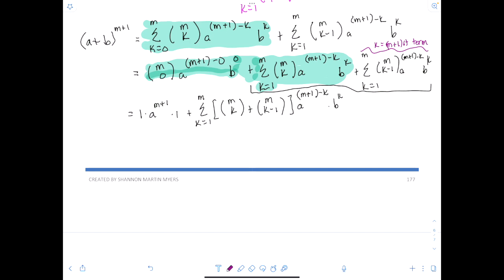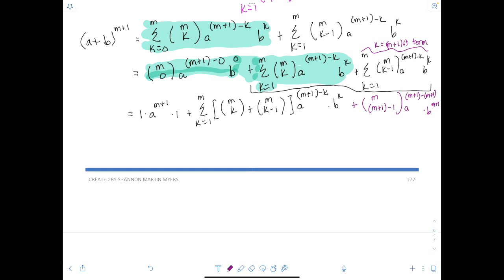So I'm going to go ahead and write that as plus m choose m plus 1 minus 1, a to the m plus 1 minus quantity m plus 1, and then times, sorry, it's smushed here, times b to the m plus 1.